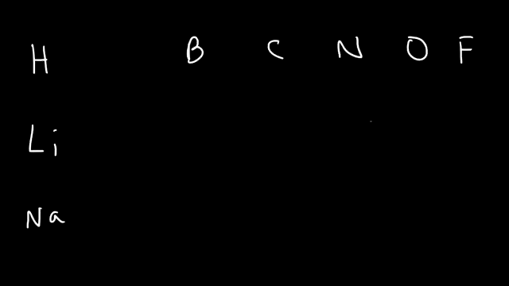So now, what is the trend with electronegativity? How does it change as you move across the periodic table? Well, let me give you some values first. So I'm going to give you the value for hydrogen, lithium, sodium, boron, carbon, nitrogen, oxygen, fluorine, and some other elements as well, like phosphorus, sulfur, chlorine, bromine, and iodine.